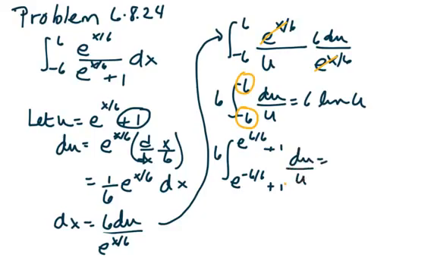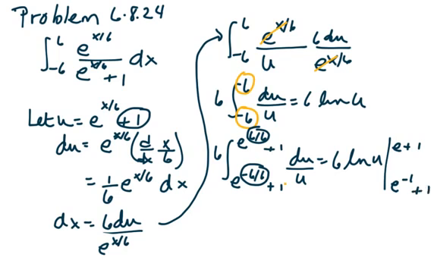I'm sorry. Okay, so this is going to be evaluated at e to the first power is just e, so this is evaluated e plus 1, and down below we've got a minus 1, so this is going to be e to the minus 1 plus 1. So let's substitute in these limits.